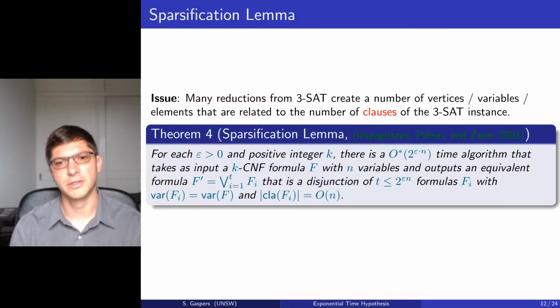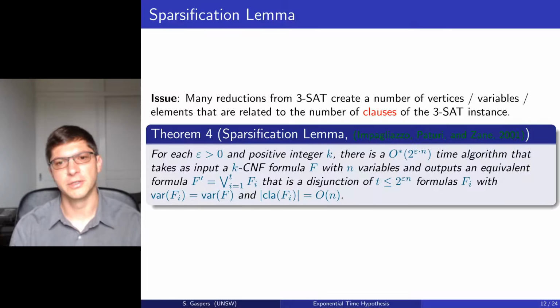Then if we have an O star of 2 to the power of little o of f of k time algorithm for B, then this implies that, by the reduction, we also get an O star of 2 to the power of little o of f of g of k time algorithm for A.